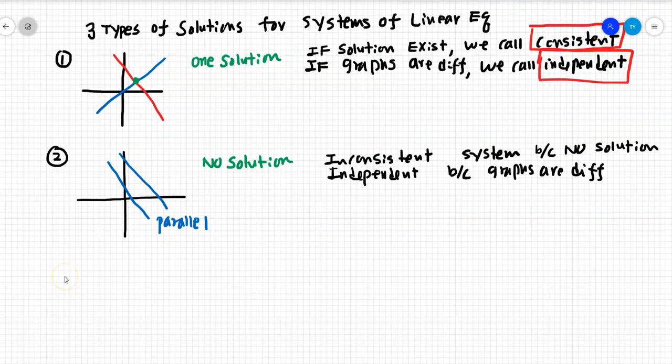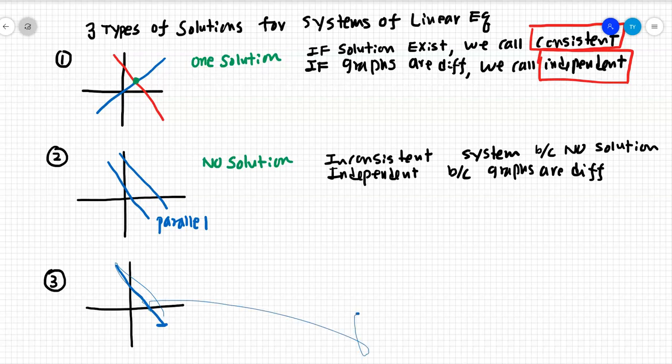Now the third one is that when you have these two graphs, they are identical. In other words, one graph is on top of the other one. Now we draw this one. So one graph is going that way, and then the other graph is going to be on top of the other one, like this.